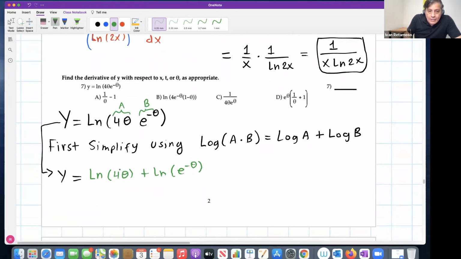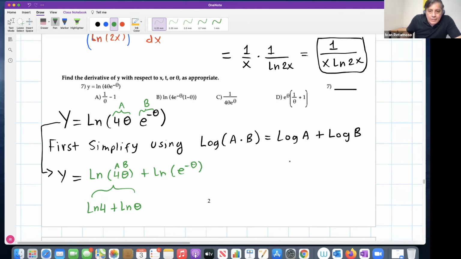Further, look, again, I have here a product, 4 times theta, A times B. So I can say that this can be expanded as natural log of 4 plus natural log of theta.